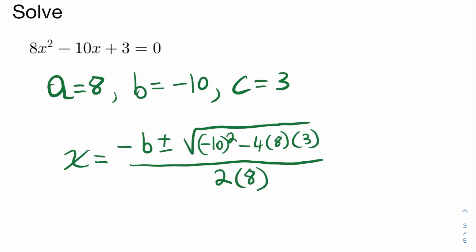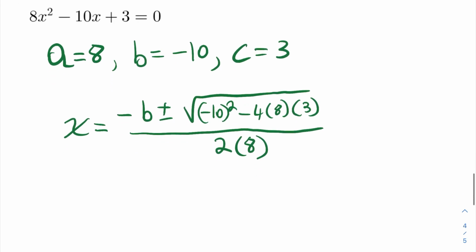Alright, well, let's see. So this is saying that x is equal to -b. Oops, -b. We had a replacement for -b. -b is -10, which is +10.